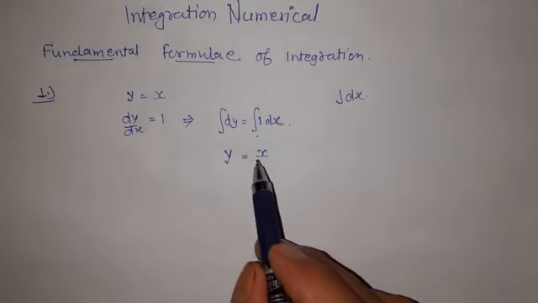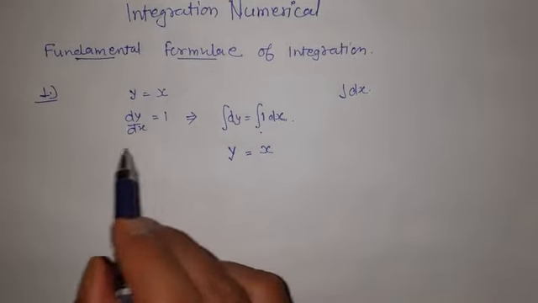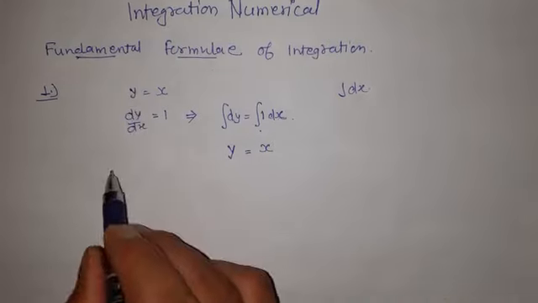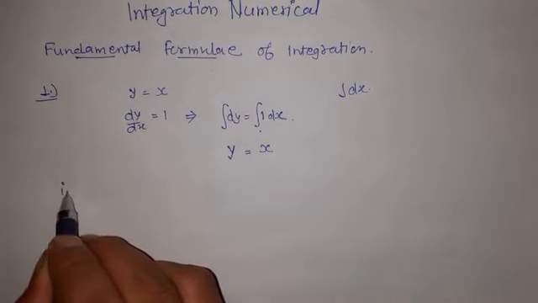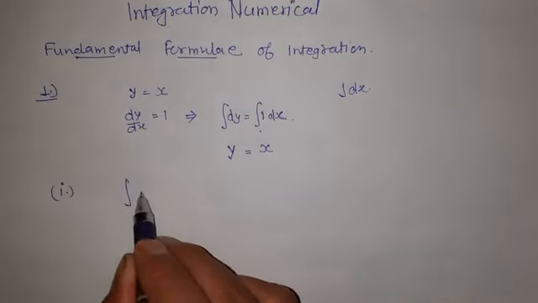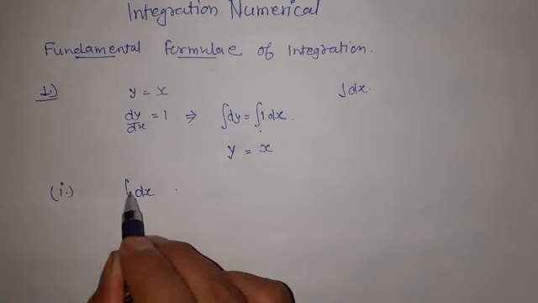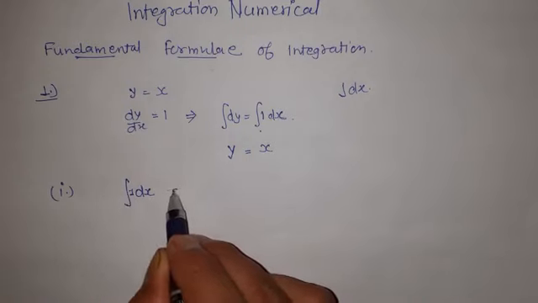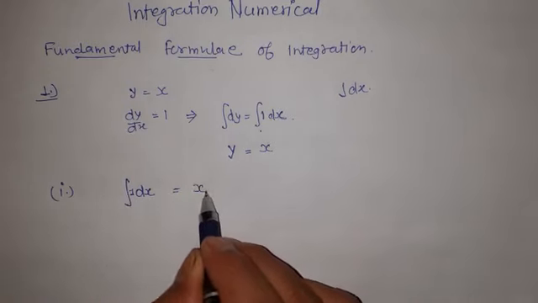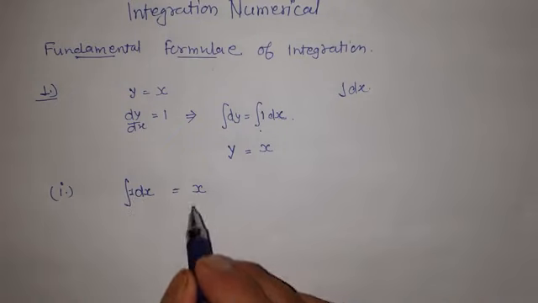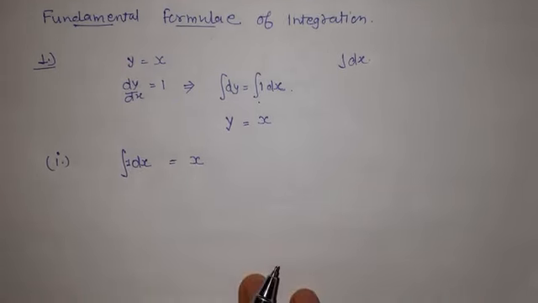So this is the very first formula, the integration of simply dx, where there is one only. You remove this d and write the complete form, which is x.